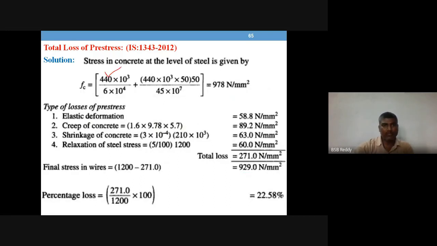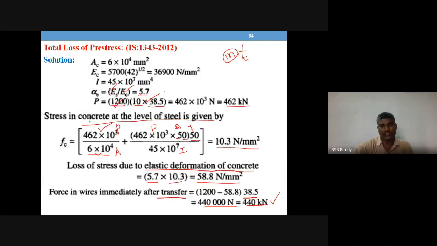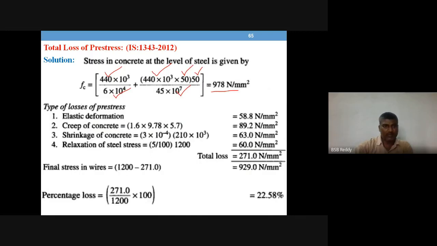P by A and P e y by I, and 9.78 is the stress, now after removing the loss of pre-stress due to elastic shortening. Right. Now, elastic deformation loss is already counted, that is 58.8 is the stress loss.